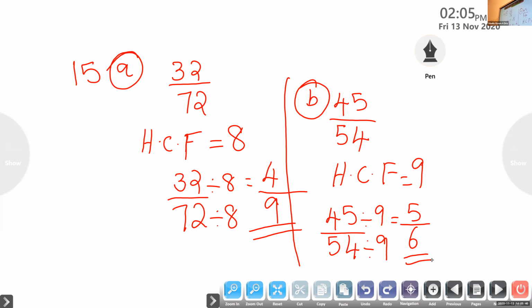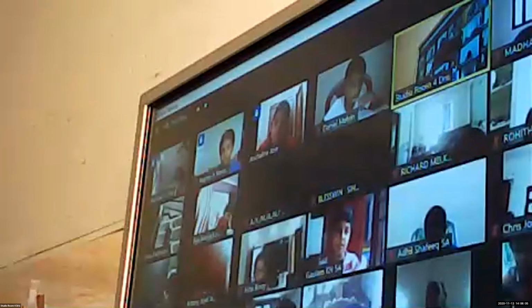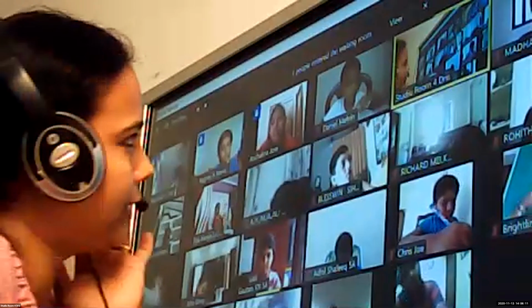Okay, children, continue with question number C. Ma'am, should we write HCF equal to and 45 by 54 divided by 9? Children, if you want to write how you found the HCF, you can show the method, no problem.